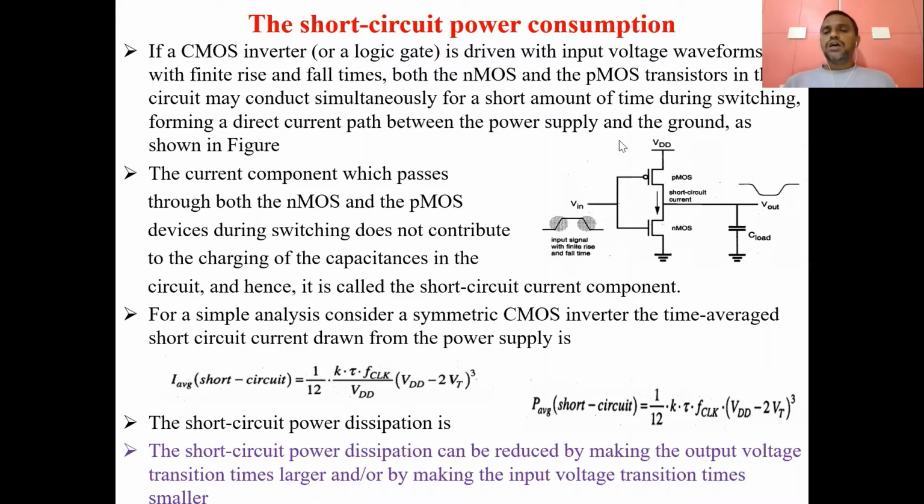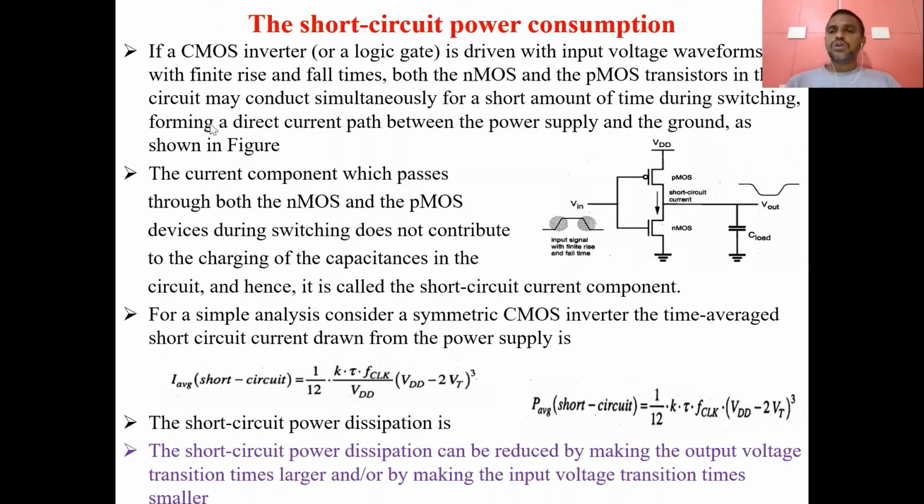Here the power or the energy will be drawn from the VDD or power supply to the ground. Okay, instead of charging this load capacitance, there will be a flow of current taking place between VDD and ground. So this type of power consumption is called short circuit power consumption. Okay, so here I have considered this inverter circuit to explain short circuit power consumption, right? If a CMOS inverter or logic gate is driven with input voltage waveforms with finite rise and fall time, both the NMOS and PMOS transistors in the circuit may conduct simultaneously for a short amount of time during switching.